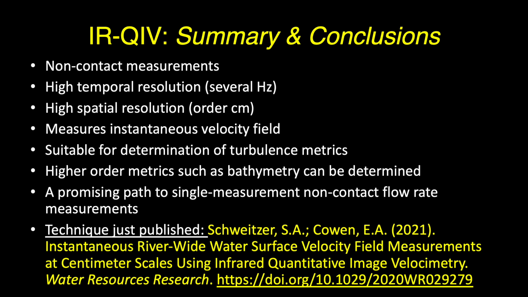It's suitable for the determination of turbulence metrics, and in particular allows higher order metrics such as the integral length scale of turbulence to be calculated. I've demonstrated that this measurement can be used to infer the bathymetry of a flow, and this is a promising path to a single camera-based measurement technique of flow rate.